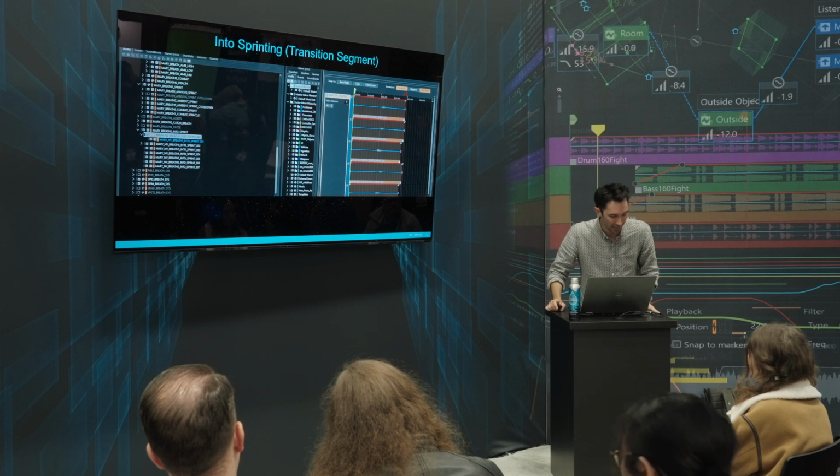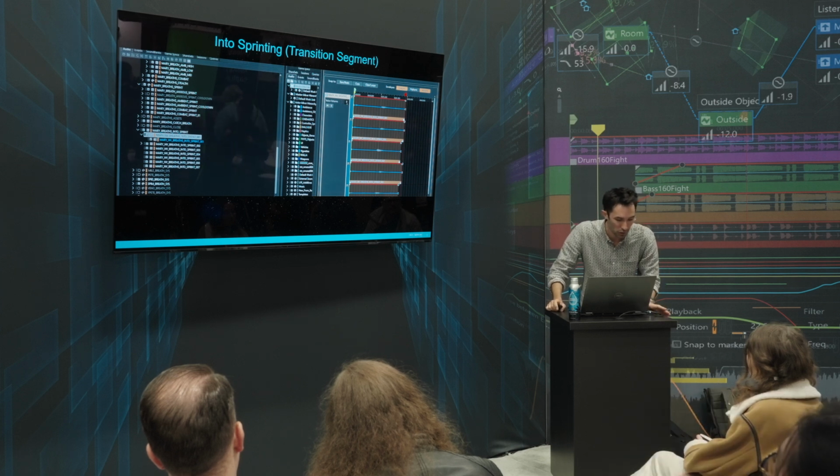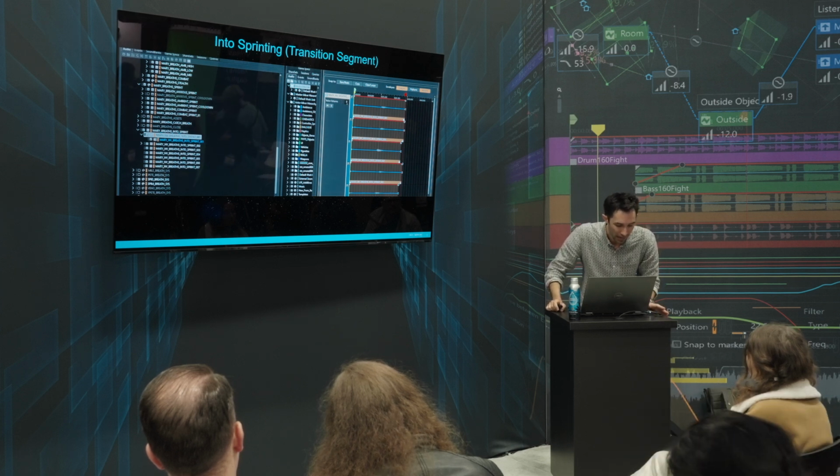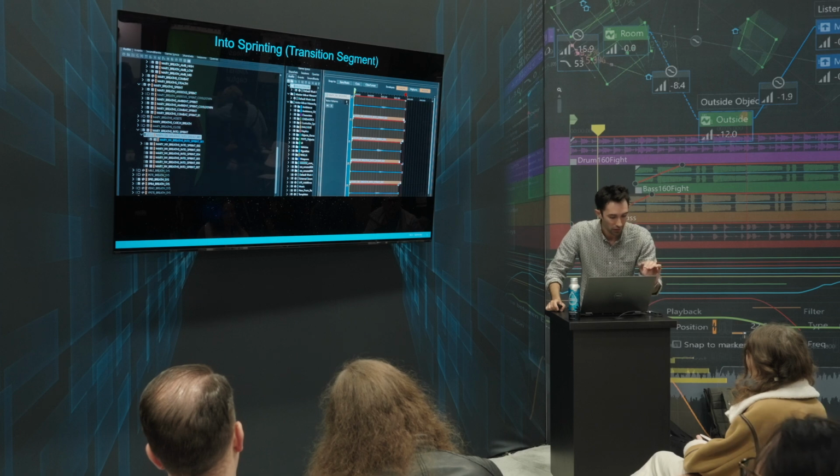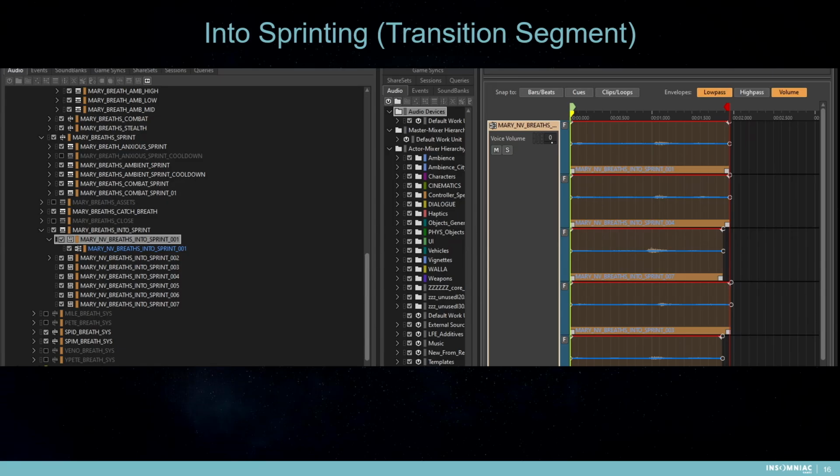These are one-shots. So if you have a music playlist container here, and then underneath that, you have Mary Envy's breaths into sprint 1, that is the music segment container. And then you have these clips. I was able to move all of the clips into, it's clips within a clip right here, and I was able to make a random container out of all of these clips.